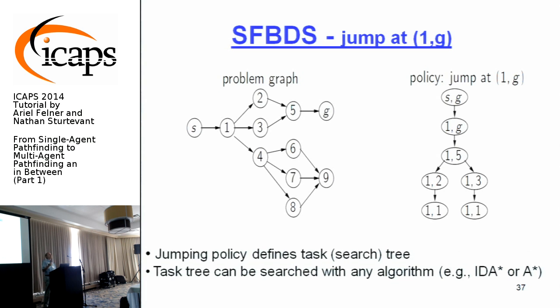And once you have a concrete policy, some policies are done online or on demand, but whatever your policy is, if you follow this policy of which side to expand, this defines a complete search tree to search. Now, this search could be done with IDA star, any algorithm that you might think.